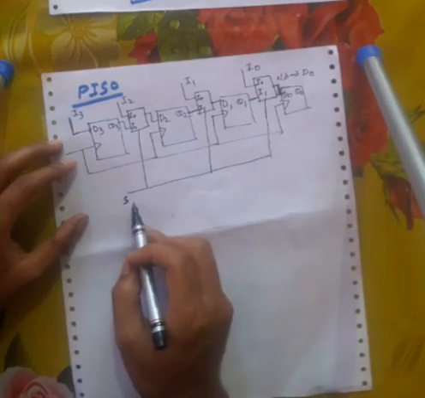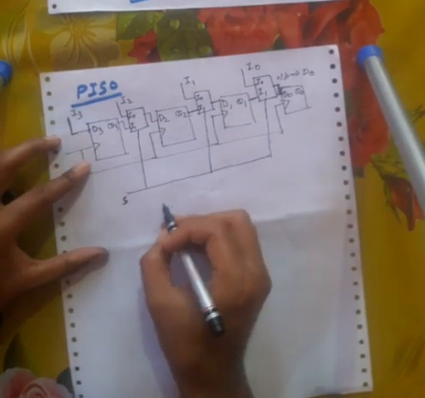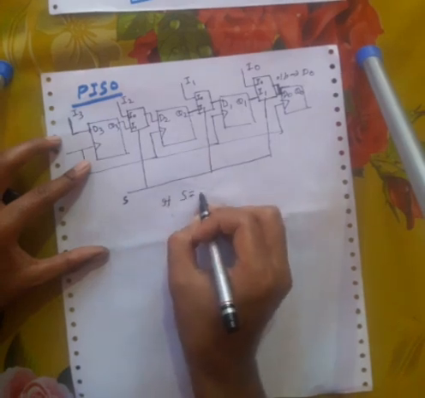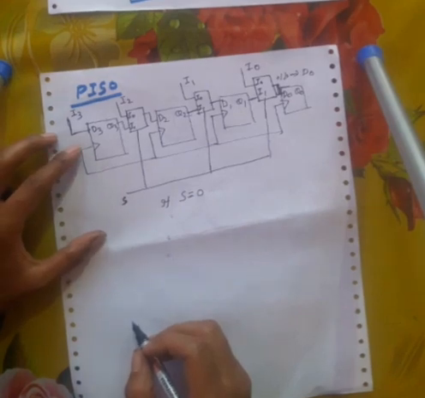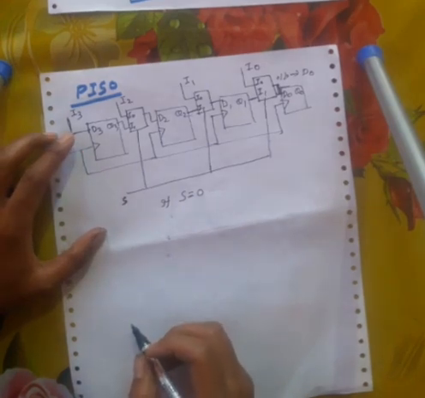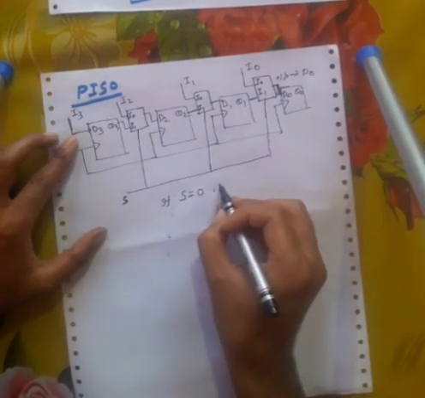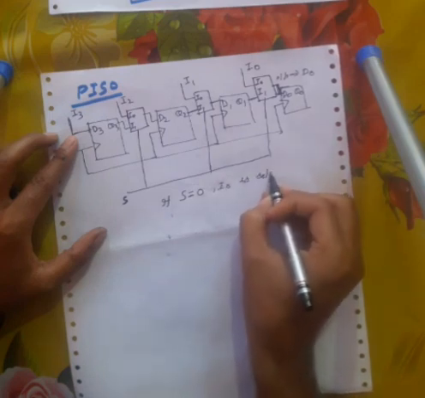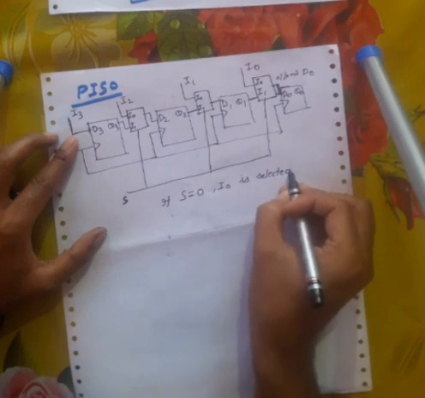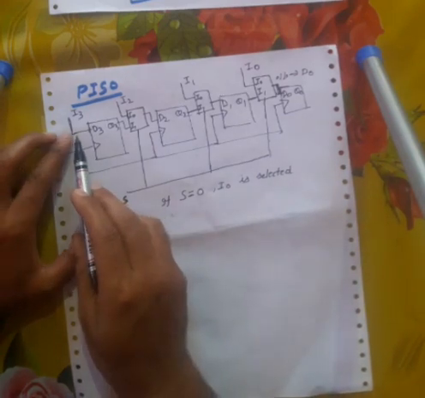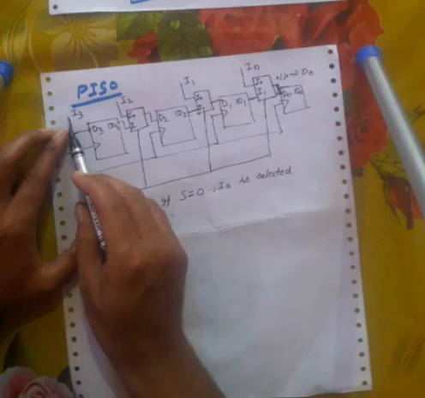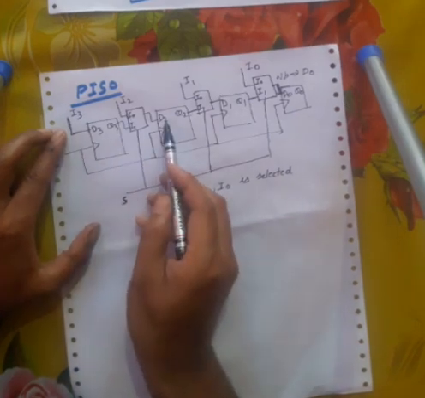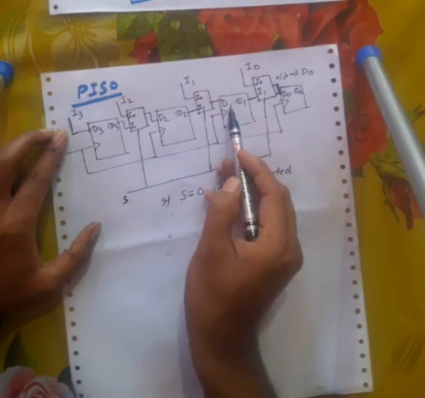Now it totally depends upon the value of the select line. If S equal to 0, in the multiplexer I0 will be selected. So I3, I2 are connected directly to D3, D2. I1 is directly connected to D1.